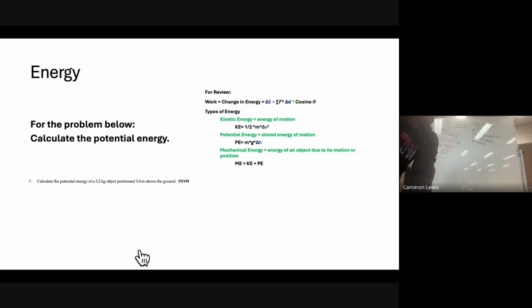Do we see the board now? All right. So now when we do this one, we're looking at a different energy quality.